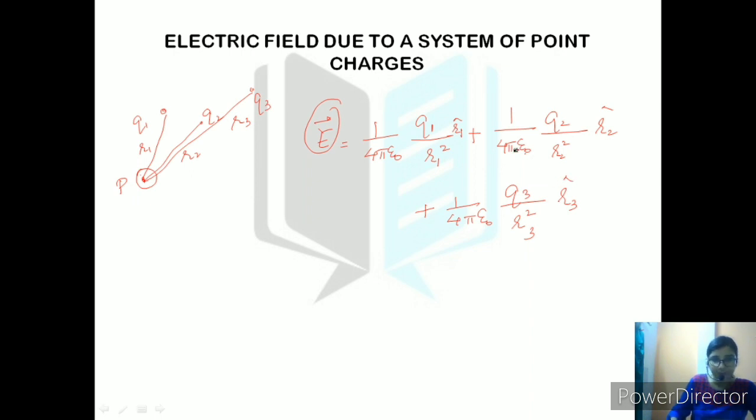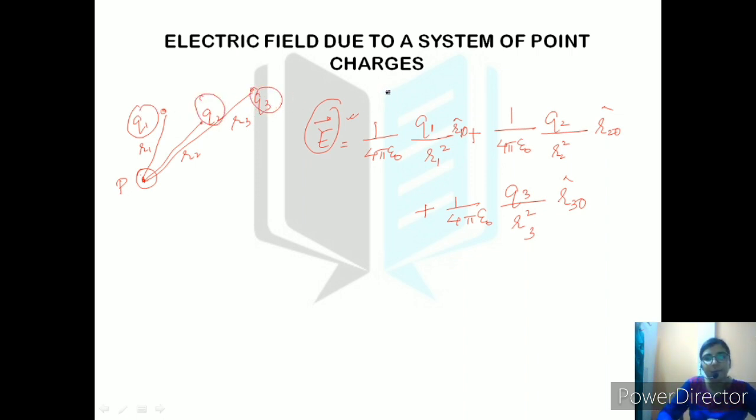Okay. So here if we write this as R1 naught for simplicity, 2 naught, 3 naught. Okay. This point as origin here. So this is the total field intensity at the point P due to all these point charges Q1, Q2, Q3.